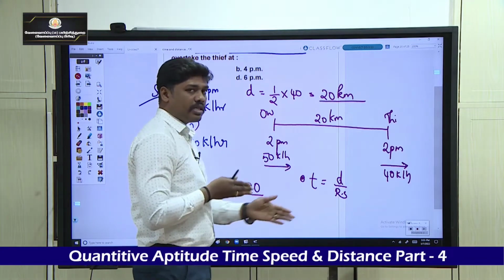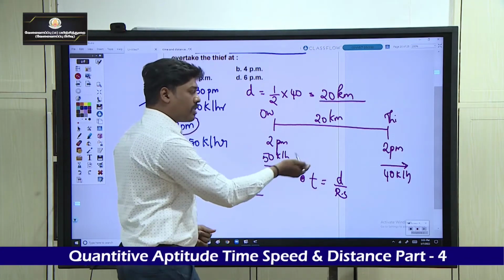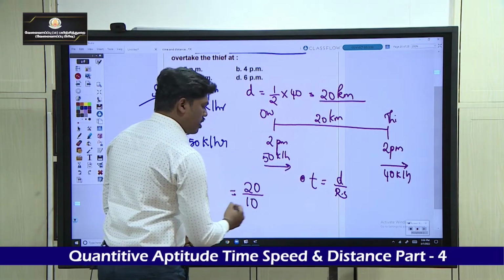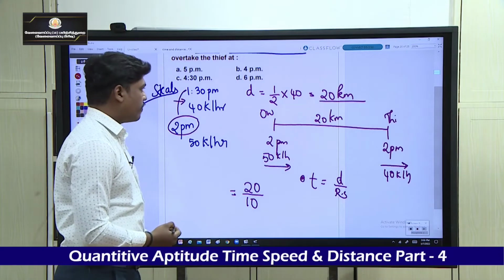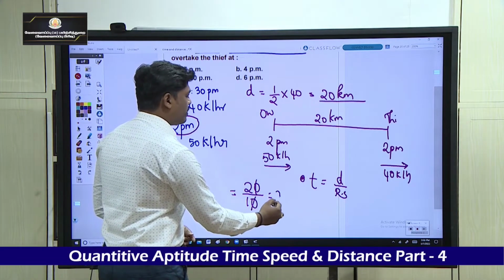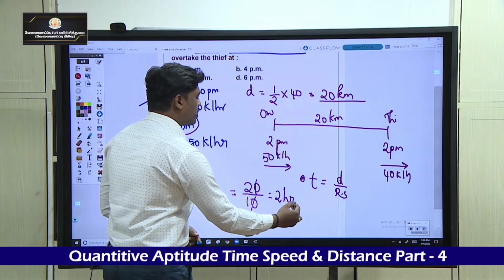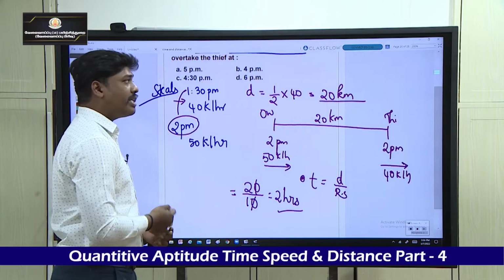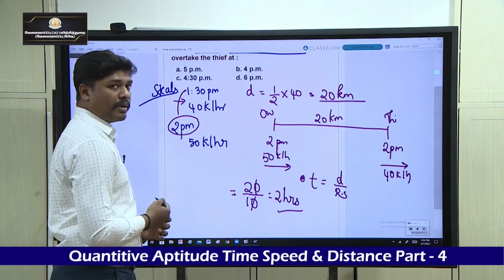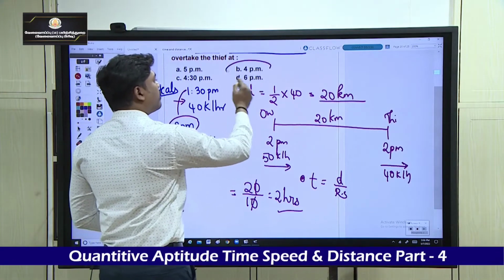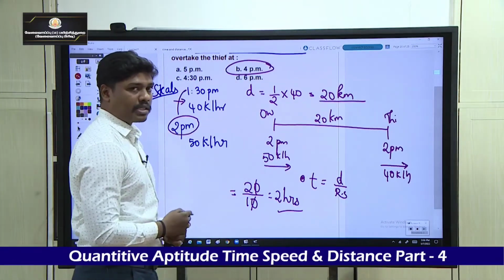They are moving in the same direction, so we have to subtract: 50 minus 40, you will be getting 10 kilometers per hour. So when I divide, I get 2, which means after 2 hours the owner would catch the thief. The owner started at 2 p.m., and after 2 hours, which means sharply at 4 p.m., he would catch the thief.